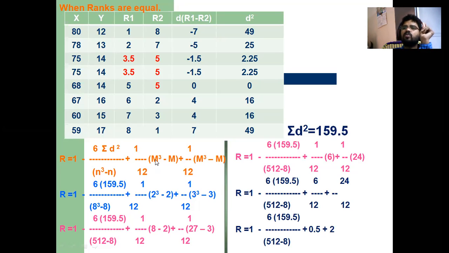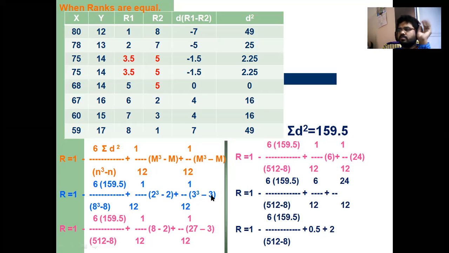That is 2 cube minus 2. Then for the second subject, how many times are the same marks repeated? 3 times. That is 1 by 12 into 3 cube minus 3.